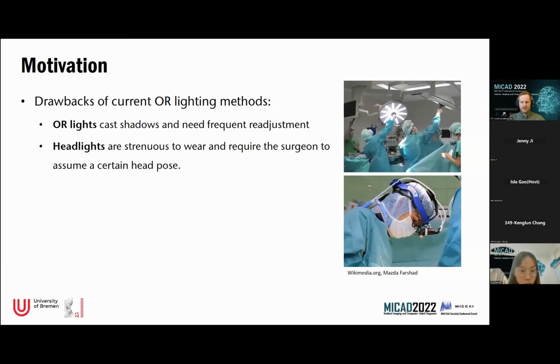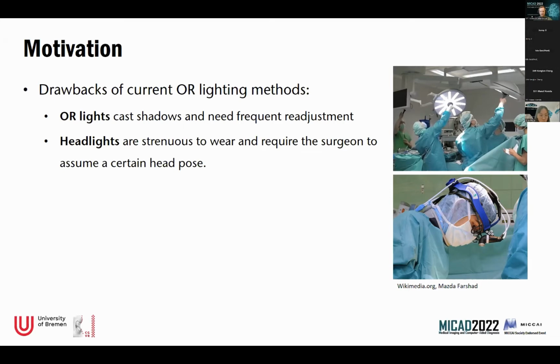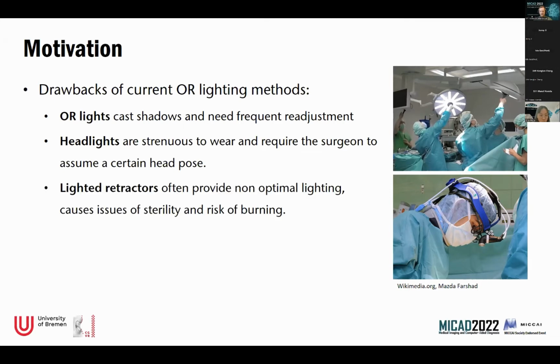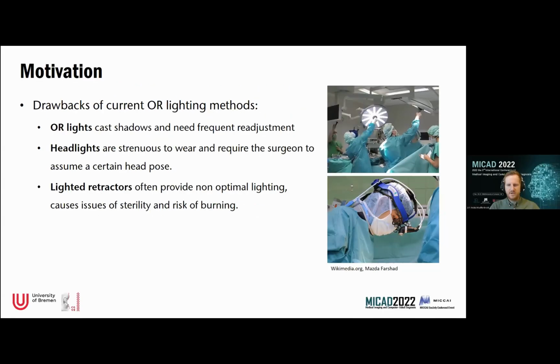Headlights, on the other hand, are strenuous to wear and require the surgeon to assume a certain head pose in order to direct the light onto a surgical site. There are, for example, also lighted retractors, which are located near the surgical site, but often provide non-optimal lighting, and there are, for example, known cases of burning by optical fiber.